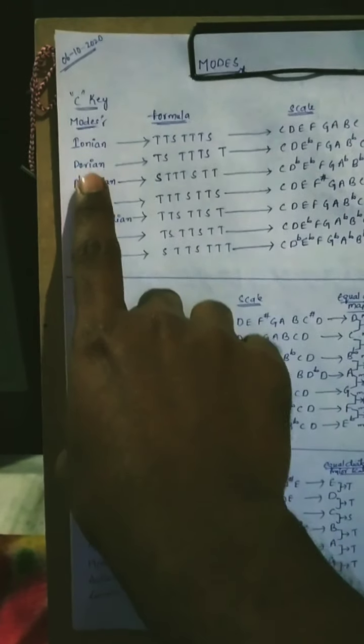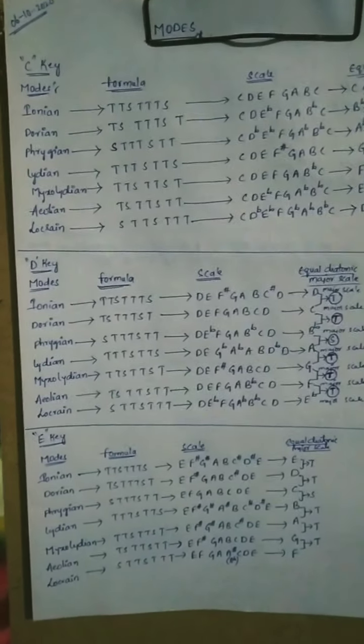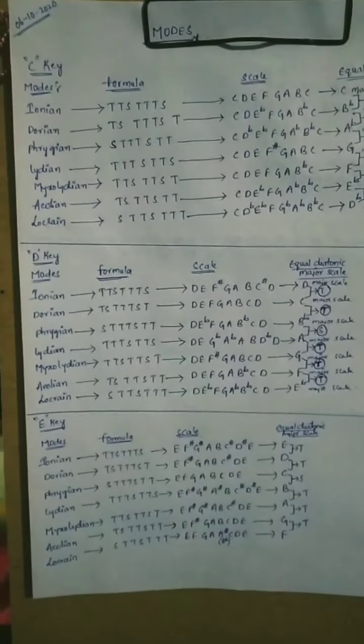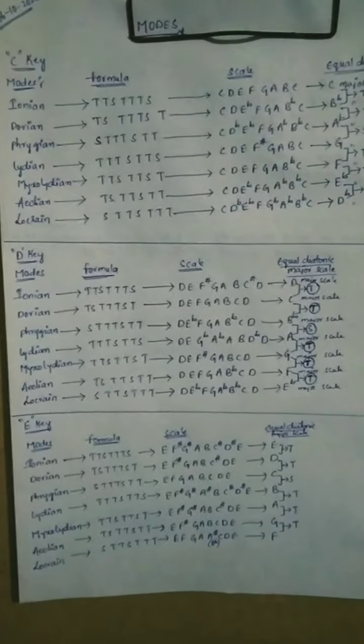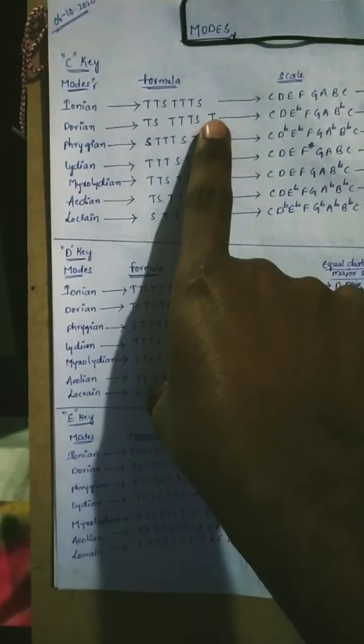As we know, the Dorian formula also comes from the same major scale formula, that is tone tone semitone tone tone tone semitone. But in the case of Dorian, it becomes tone semitone tone tone tone semitone tone.